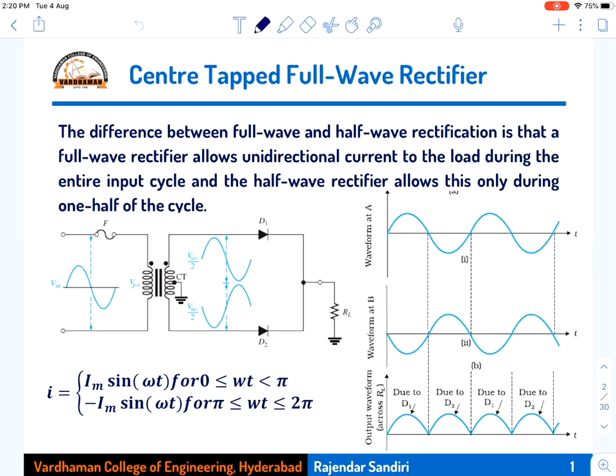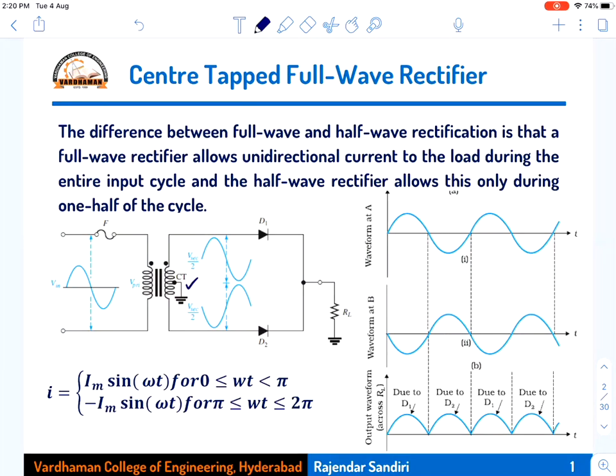The upper portion will be treated as one winding, the lower portion is treated as the other winding. And for these two secondary windings, which are made by center tapping the transformer secondary, in each of these secondary windings, a diode will be connected. So this portion is called a center tap.